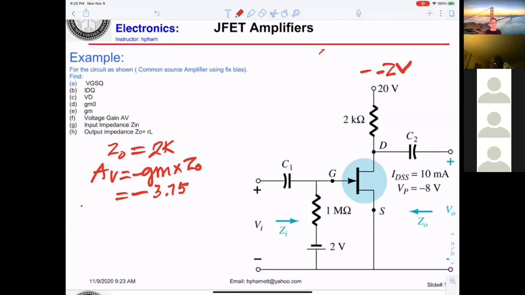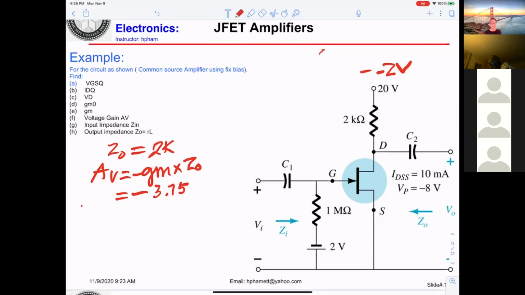Mr. Pham, I'm trying to understand this now. Minus GM times Z out gives you negative 3.75. Is that correct? Correct. So I thought that would be the gain, and for the gain, you don't have a sign. No, you get a sign just telling you they will be inverted, 180 degrees out of phase.